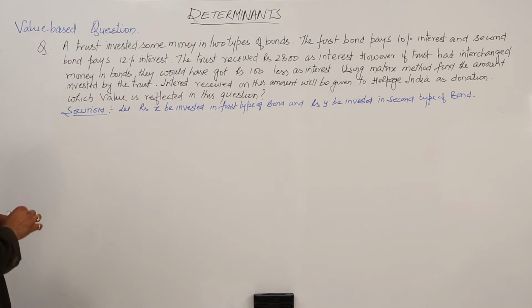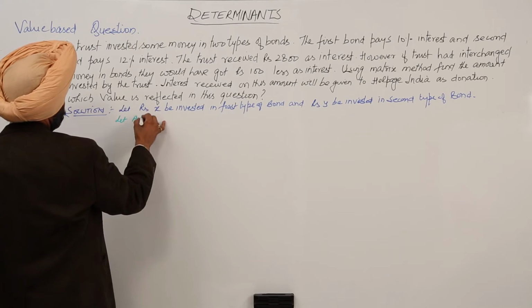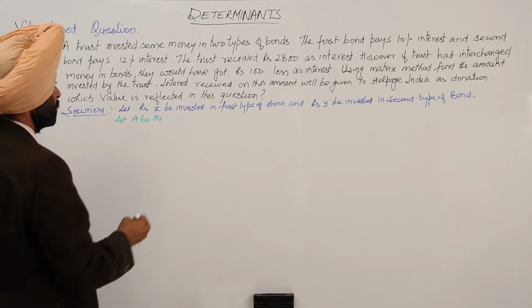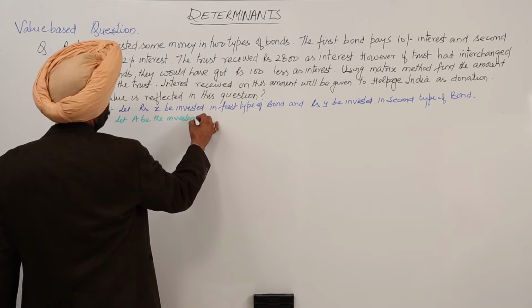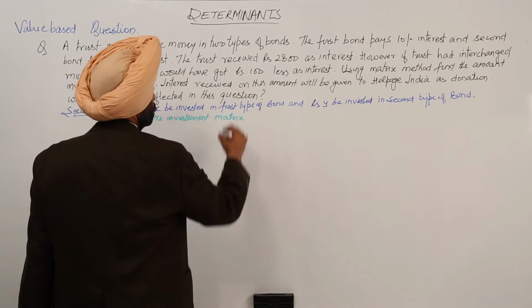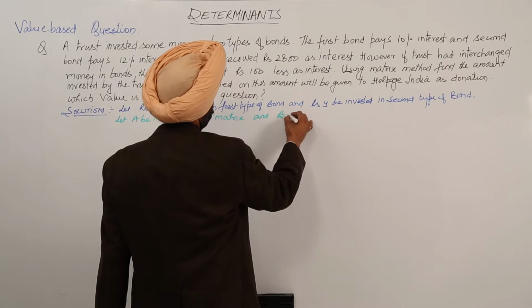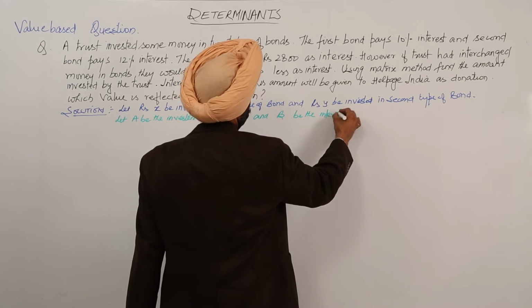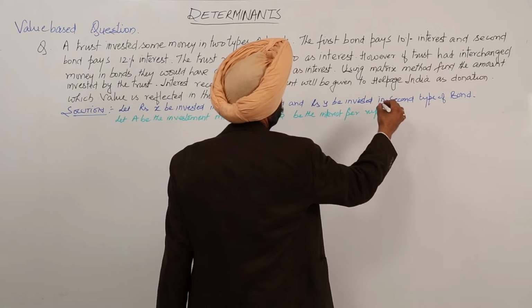Now, let A be the investment matrix and B be the interest per rupee matrix.